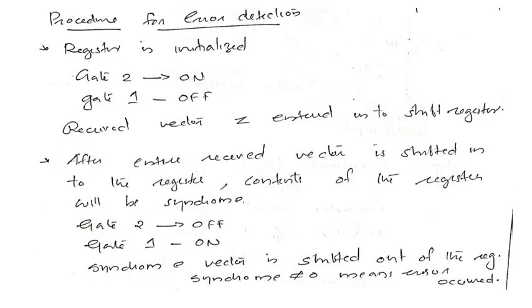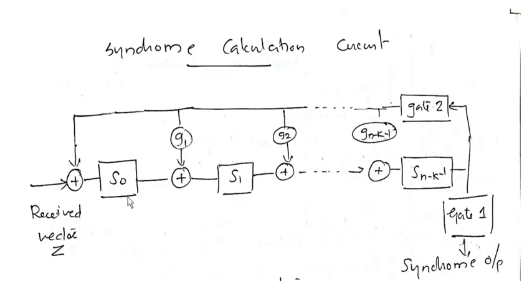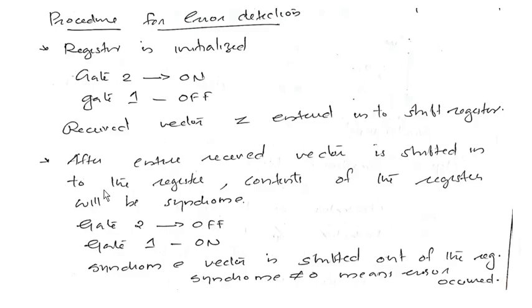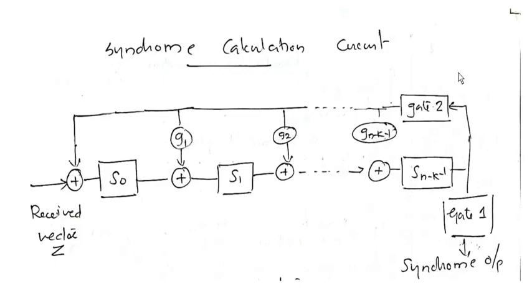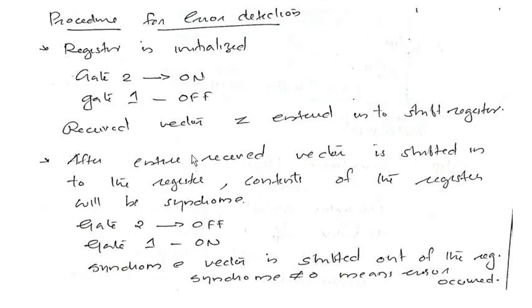First we need to initialize all the registers, that means clear the content of the flip-flops. These S0, S1, up to S n minus k minus 1 are all flip-flops. Then gate 2 is on and gate 1 is in off condition, so the received vector z enters into the shift register.